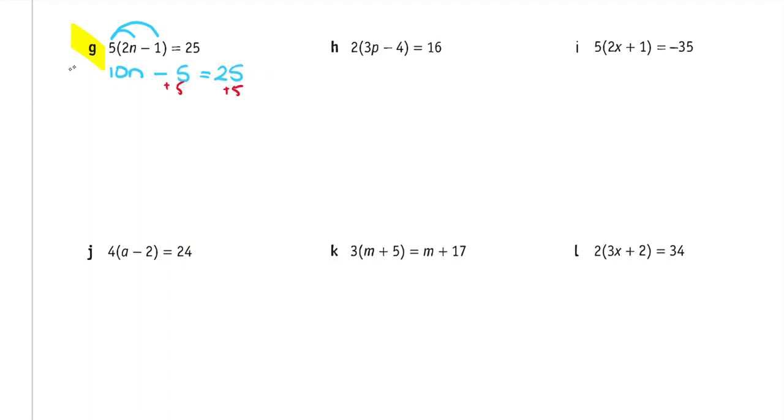So we have 10n equals 30. Okay, second step, get rid of the 10 by dividing. N is by itself. 30 divided by 10 is 3.